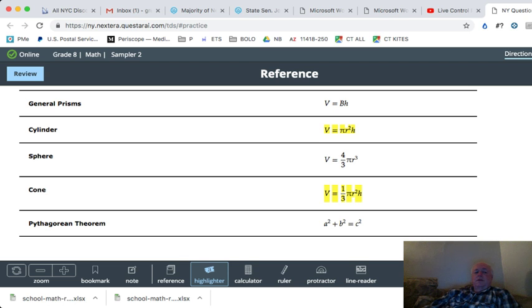So if you can see, a cylinder is pi r squared h, and we have pi r squared h here too on the cone, except it's 1/3 of it. So it seems to me that a cone is 1/3 of a cylinder, right? Can you see that relationship? In other words, a cylinder is equal to 3 cones when you consider its volume all packed together. So cylinder is 3 times of a cone, or a cone is 1/3 of a cylinder.